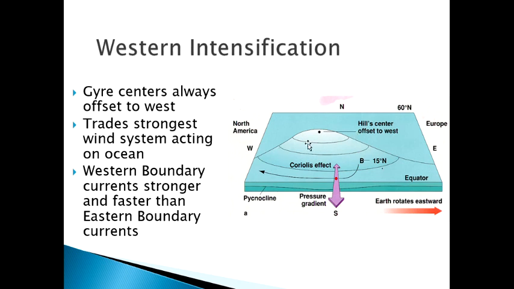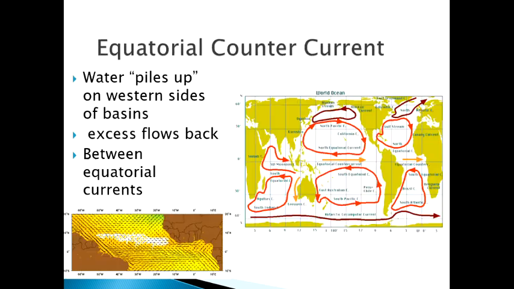The western currents are much, much stronger than the eastern currents. And so the buildup of this hill is higher towards the western sides than the eastern sides. So again, look at this diagram. It's not a perfectly symmetrical circle with a nice little bump in the middle. The bump is offset towards the west.